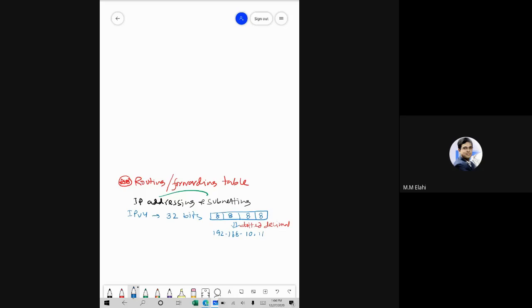This is the IP address we see, but it came from 32-bit binary.